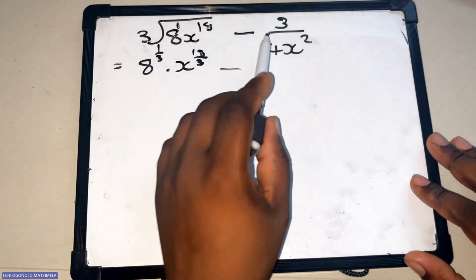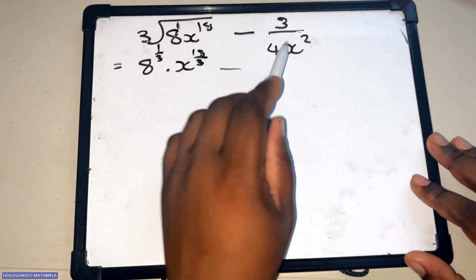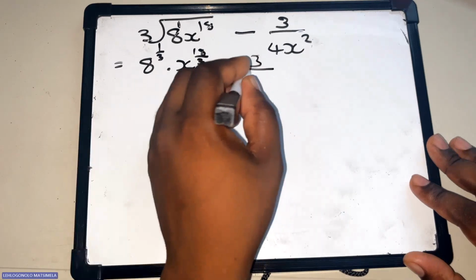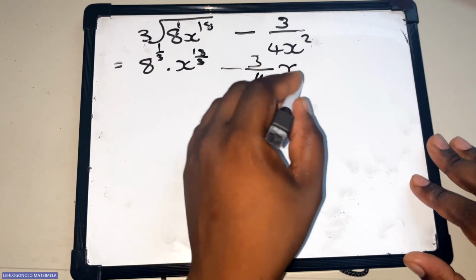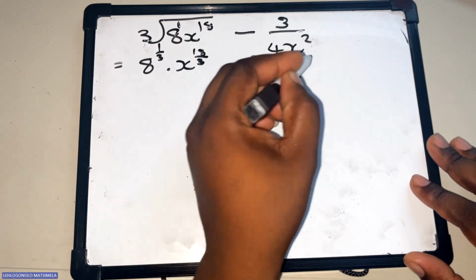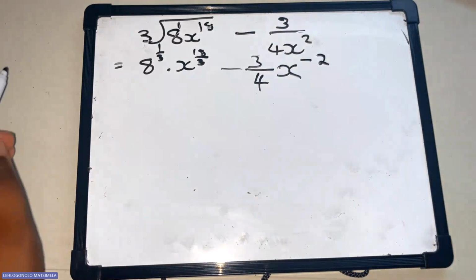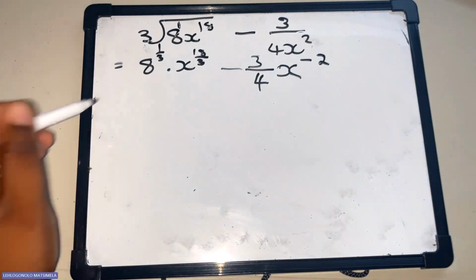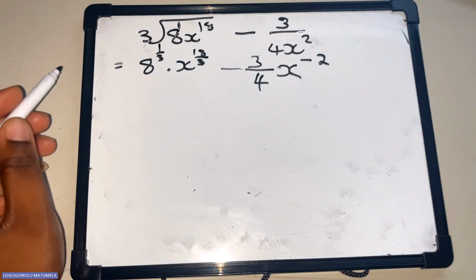Minus, on the left side, we write the 3 over 4 as it is, multiply by x. Then don't forget to remove x from the denominator, the exponent must be negative. Simple. Then here we simplify. It has to give us the answer.